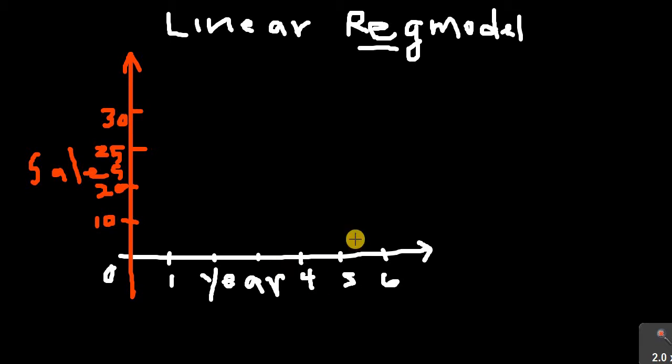Like that. So the given data will be plotted on the graph, like this. We are plotting on this.